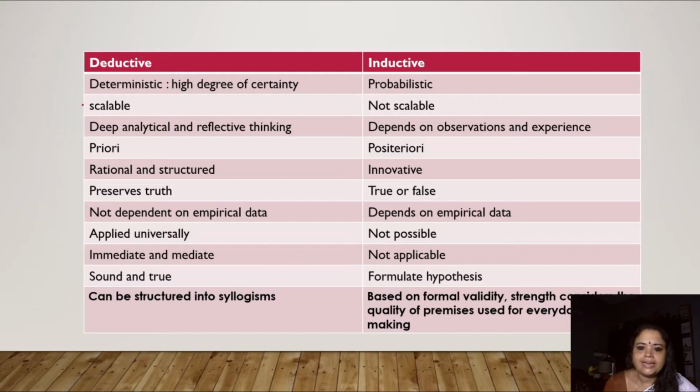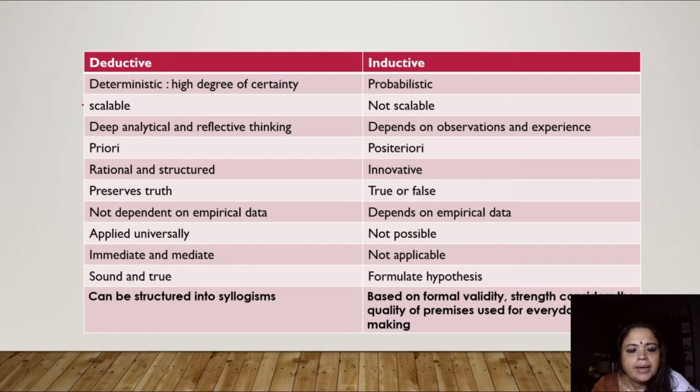Inductive is called an innovative type of reasoning. Innovative, because you can draw more and more conclusions which are probable and new, therefore it is called innovative. And deductive argument preserves truth, whereas inductive can be either true or false.